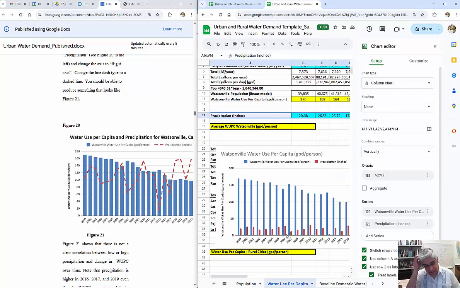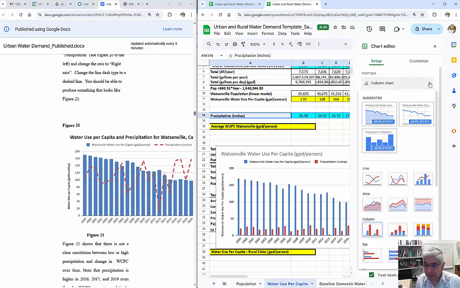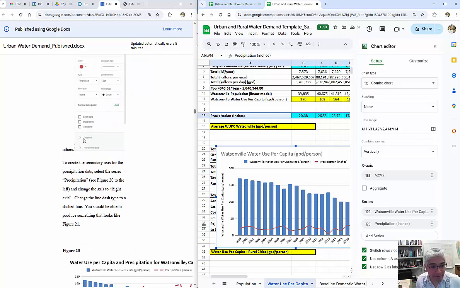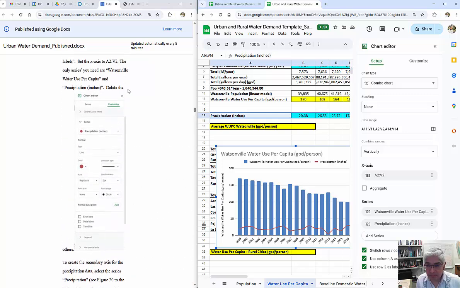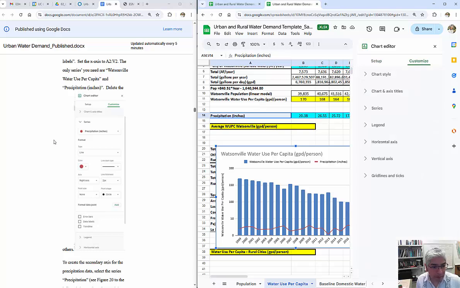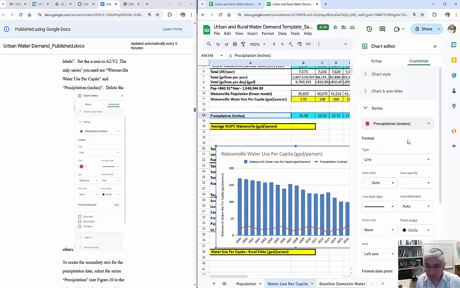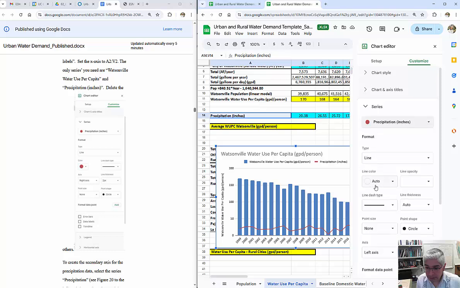Now the main issue here is that these are in two different units. So the first thing I'm going to do is something like this. Then I will go to customize, and then series, and I will use the one of precipitation and line.